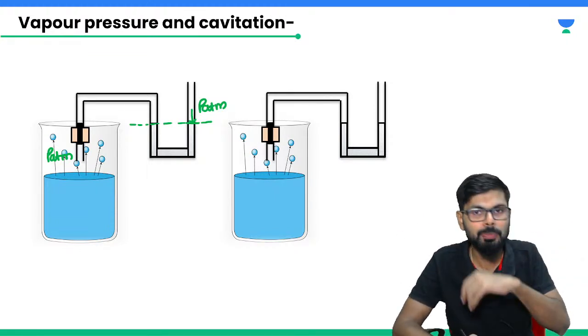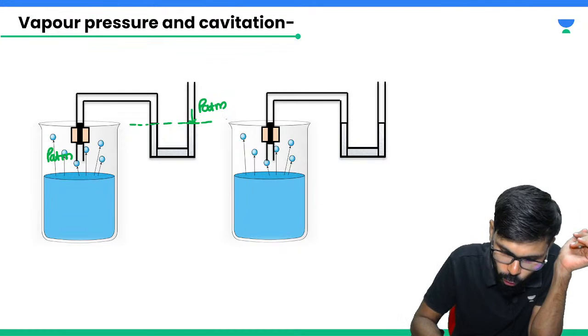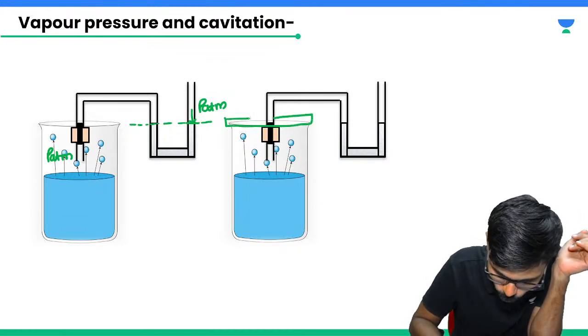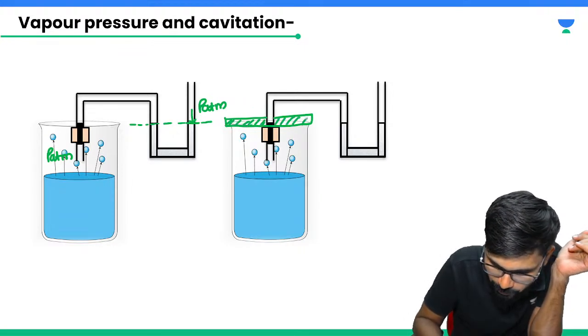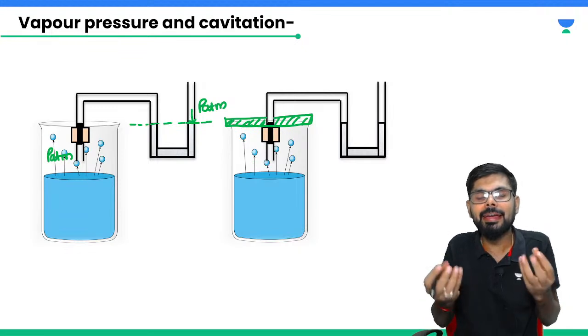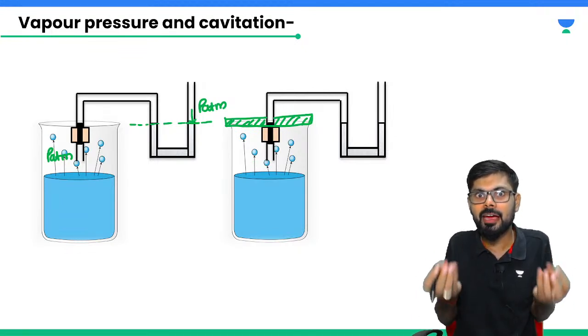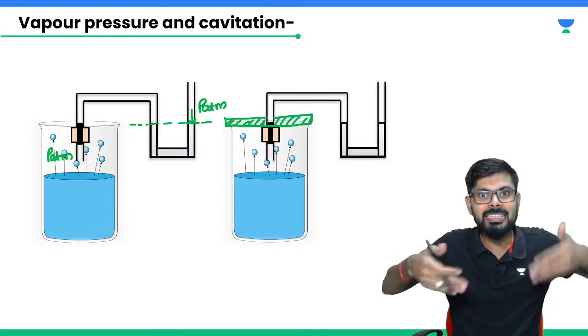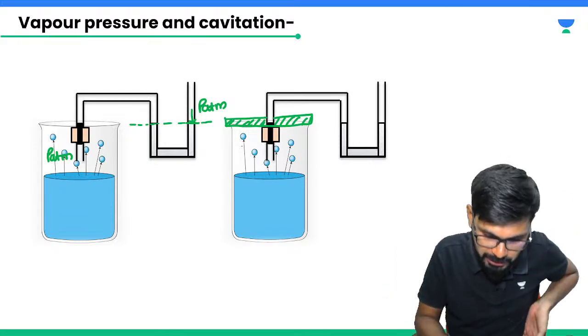Correct now? Now please listen here carefully. If I close this with a lid, when I close this, then what will happen? This molecule will add. So when these molecules add, the partial pressure of vapor will increase. So here pressure will be what?